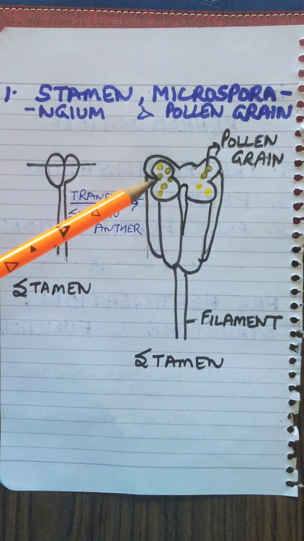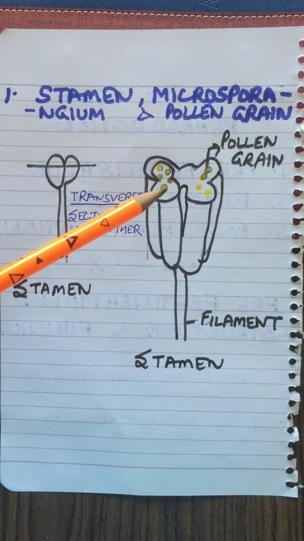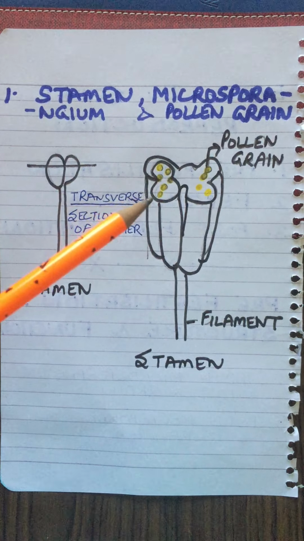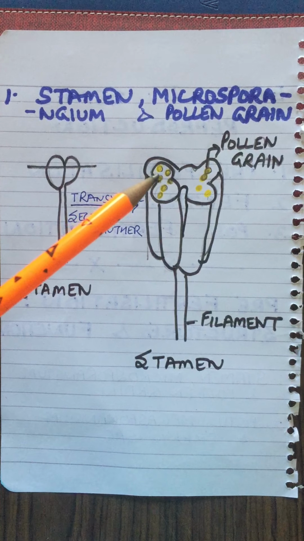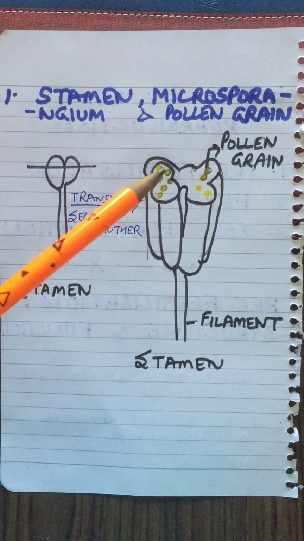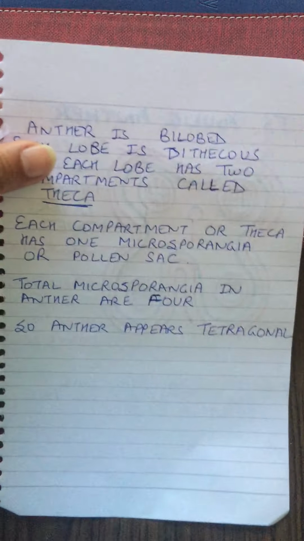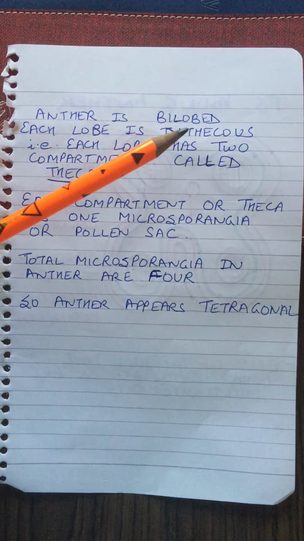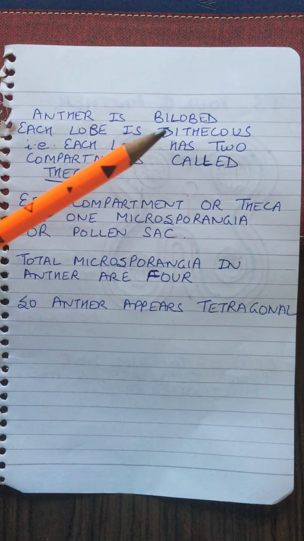So anther is bilobed and each lobe is dithecous. Inside these compartments are present microsporangia or pollen sacs, in which pollen grains will be developing. See the spelling: D-I-T-H-E-C-O-U-S.